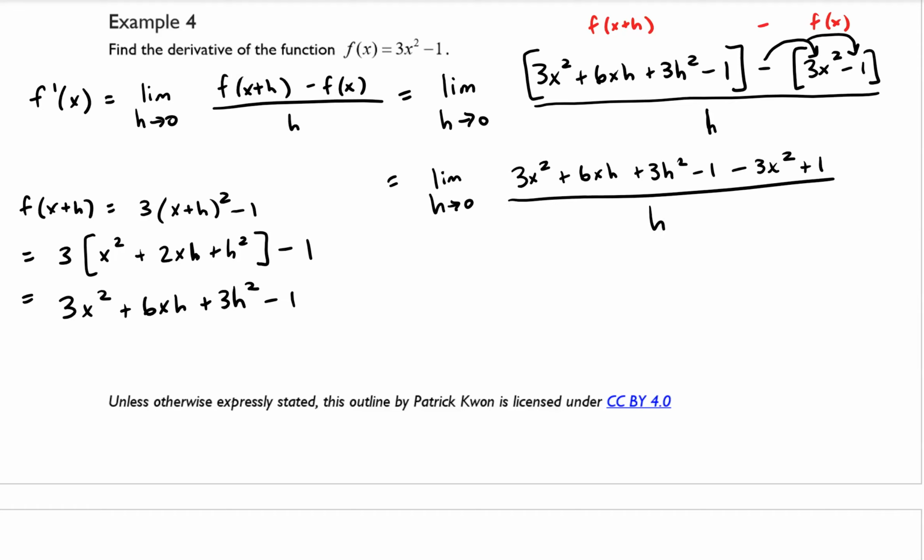Now notice that some stuff is going to cancel out. So this 3x squared and this negative 3x squared will make 0, and then the minus 1 and the plus 1 will make 0. So this is equal to the limit as h approaches 0 of 6xh plus 3h squared all over h. And we can factor out an h in the numerator.